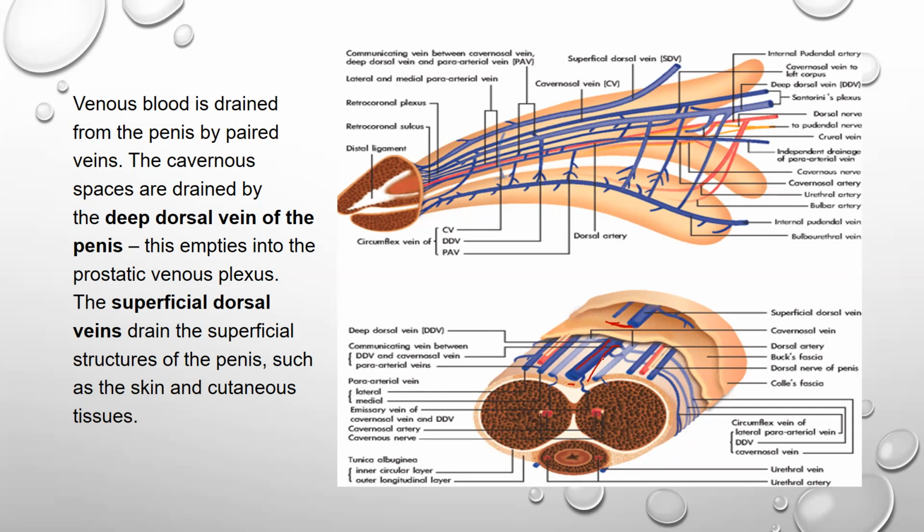And when the veins get compressed, the blood which came into the penile structure will fail to drain out. So the blood will stay there for as long as this action is going on, the complete filling of the blood is going on, and the erect penis will create pressure and compression over the veins as well.